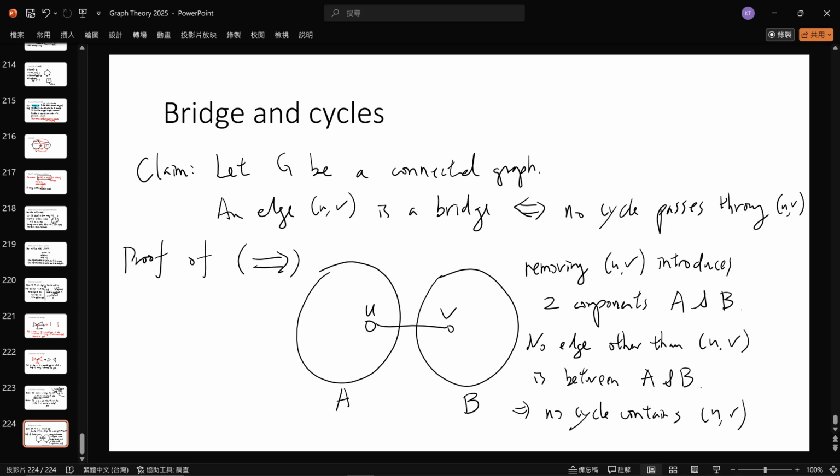Just use the definition that if this is a bridge, then removing it will create two components.